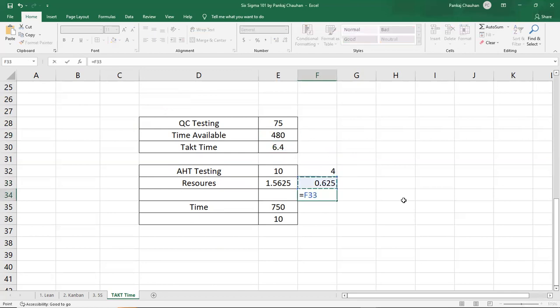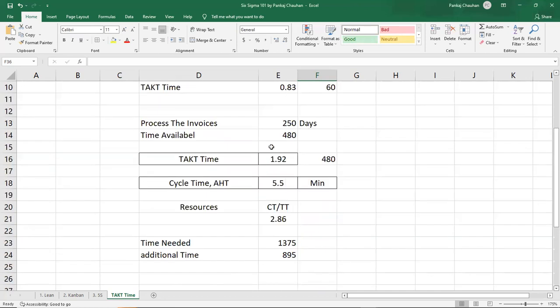So how much of the 480 minutes actual time will you be consuming? Only 0.625, which is around 300 minutes. So the gap left here is 480 minus 300. So this is the additional time available with you, which you can utilize in any other work, because as per the calculation, this is buffer time available, which can be used in another productive way.